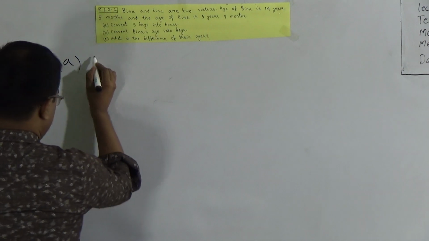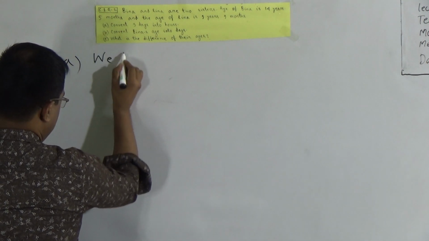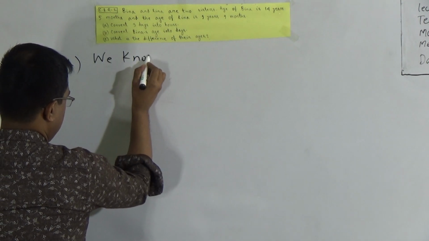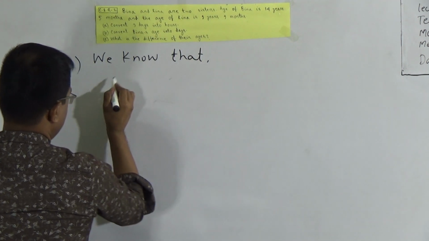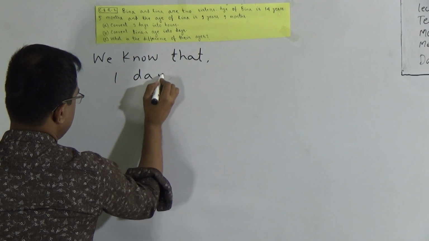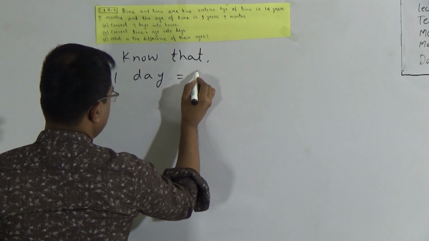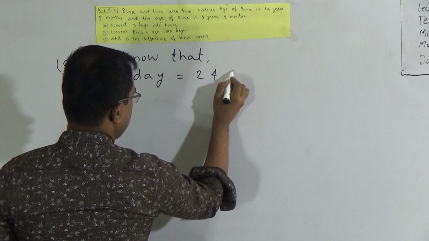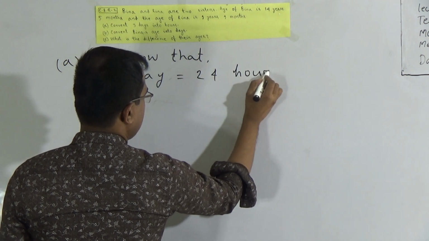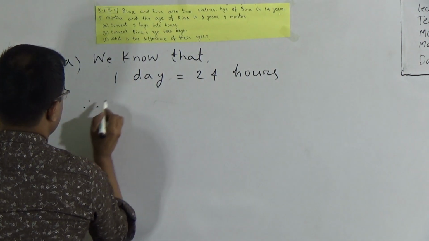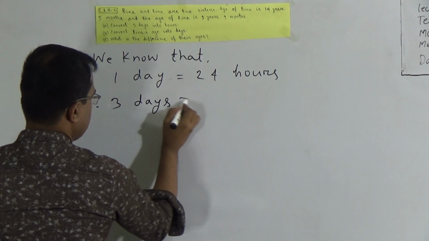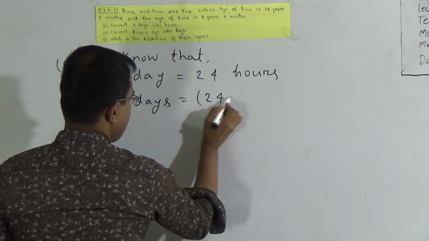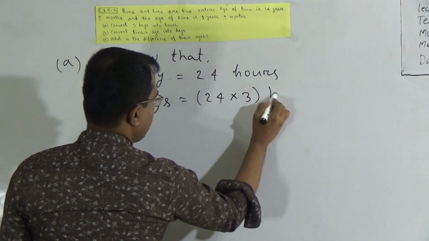So we know that 1 day is equal to 24 hours. Therefore, 3 days is equal to, it will be 3 times of 24 hours.